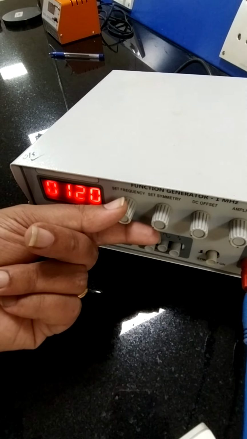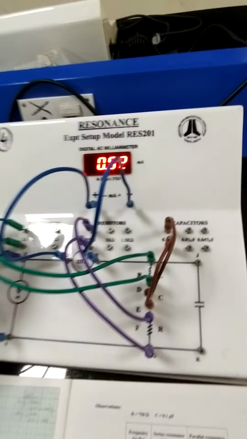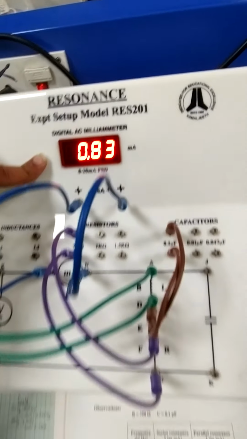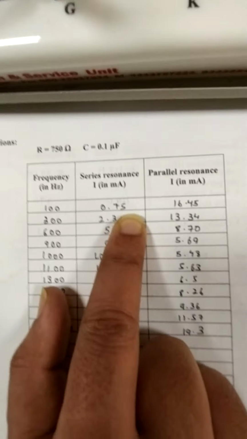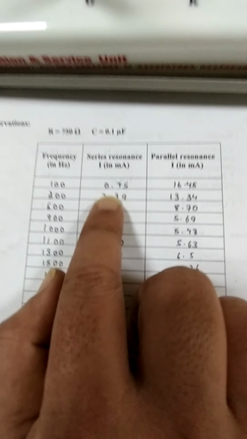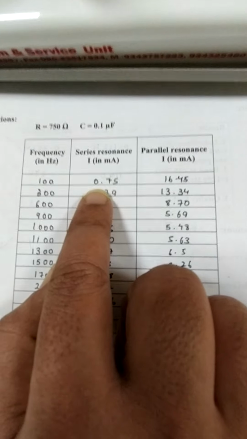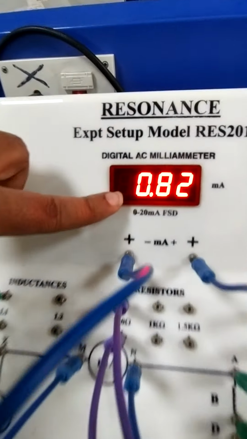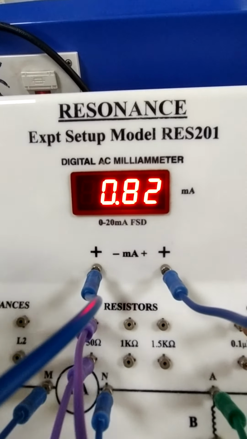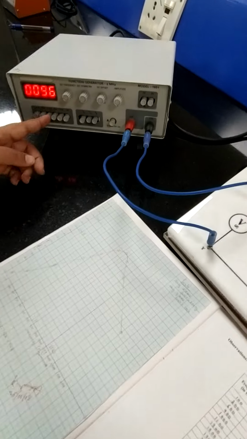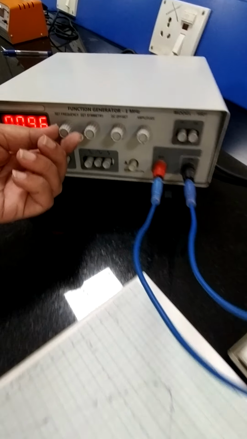Okay, it is 100, and then note down the output current. The output current is 0.83 milliamperes. In the previous experiment the kit showed 0.75 milliamperes; for the current experiment we are getting 0.83 or 0.82.